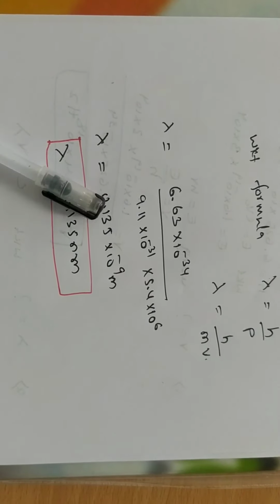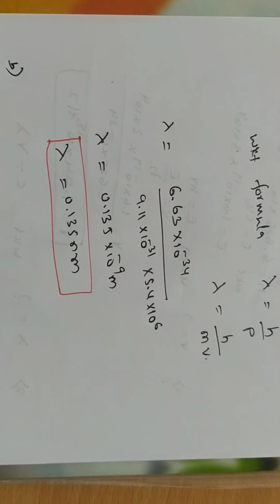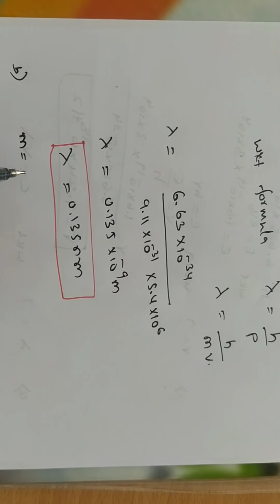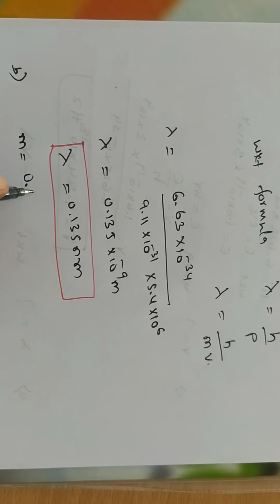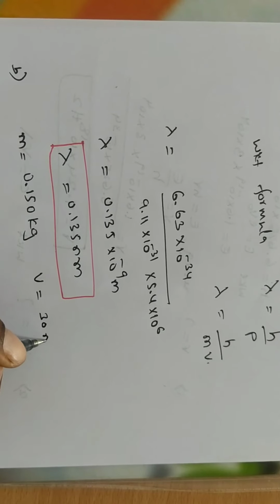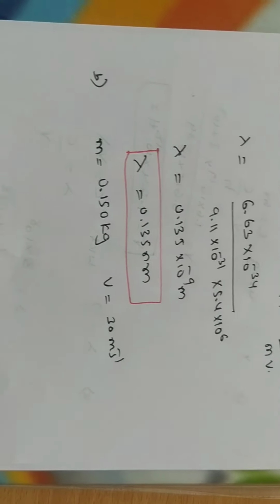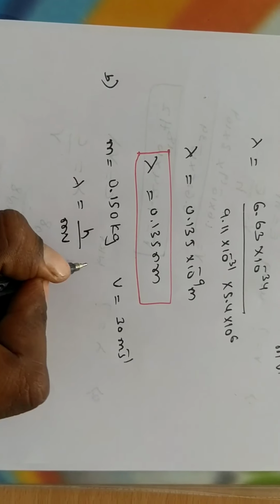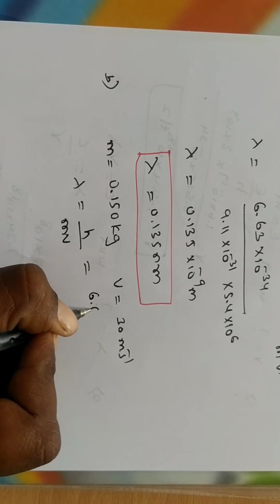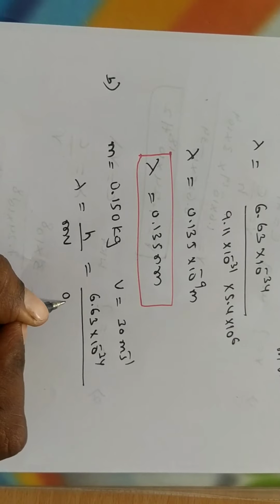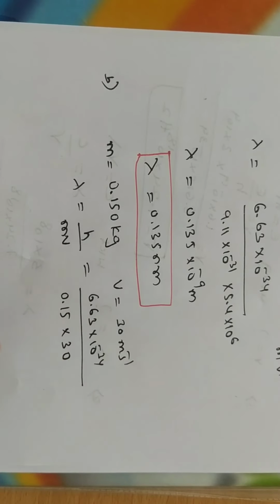Okay, this one is the wavelength. Then after that, B, mass m is equal to how much? 150 gram. It means 0.150 kg. Gram converts to kg. And velocity 30 meter per second. De Broglie wavelength, lambda is equal to h divided by m into v. h value 6.63 into 10 to the power of minus 34 divided by m value 0.15 into 30.